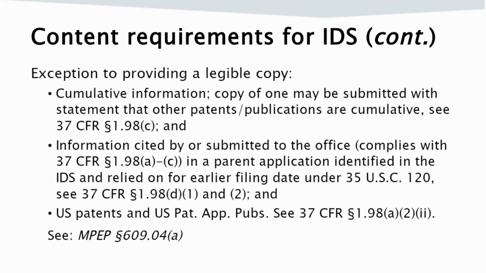If the information cited or submitted in the prior application was not in English, a concise explanation of the relevance of the information to the new application is not required unless the relevance of the information differs from its relevance as explained in the prior application. The requirement for a copy of each U.S. patent or U.S. patent application publication listed in an IDS has been eliminated unless required by the office.